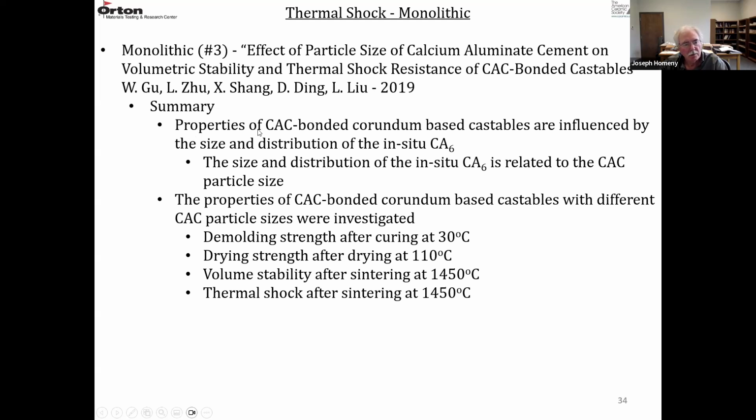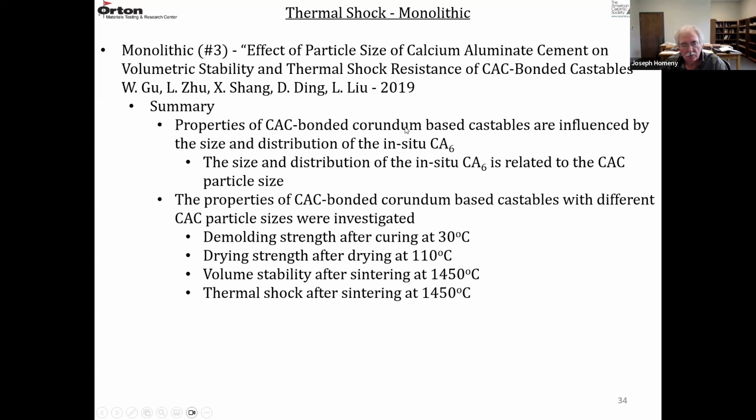The properties of these castables are influenced by the size and distribution of this phase that forms CA6 after sintering.